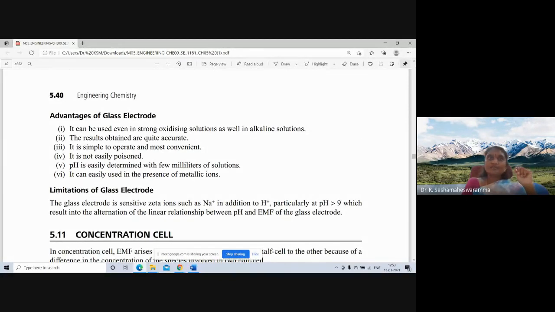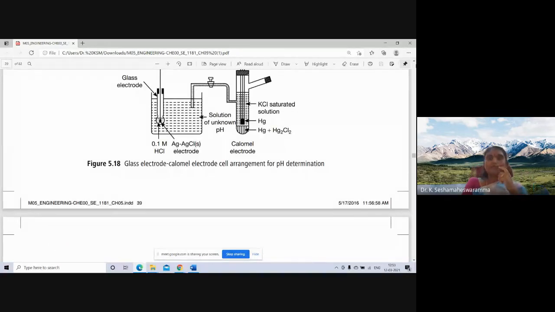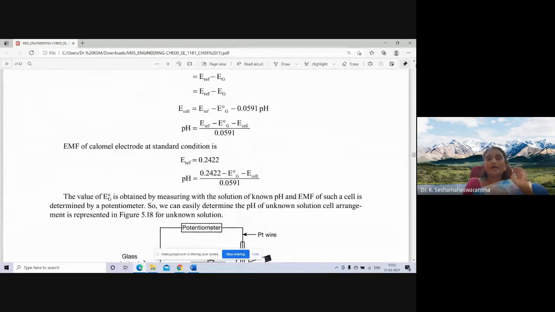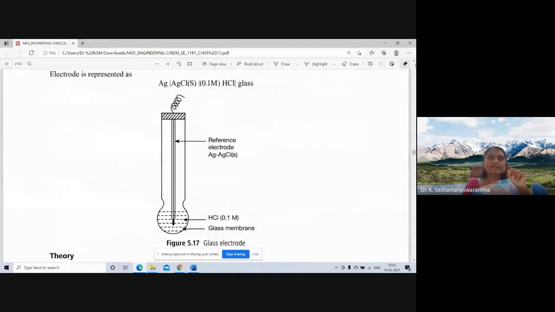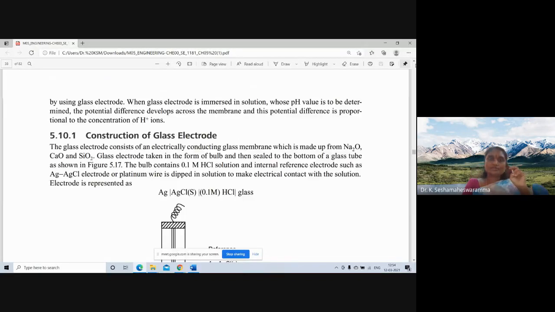So while we are explaining the glass electrode, you have to take the reference electrode as a calomel electrode, and then you have to remember the Nernst equation. With that, you can easily explain the glass electrode as a silver chloride electrode.